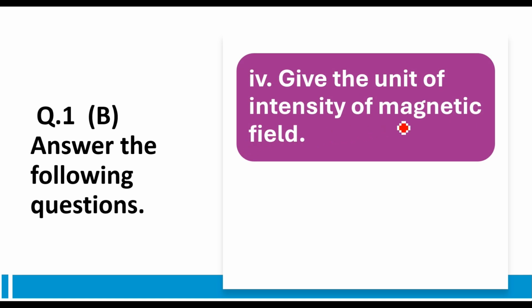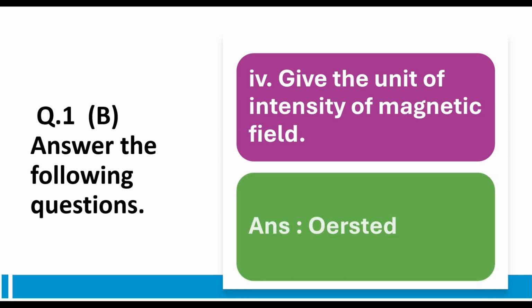Now move to question number 4. Give the unit of intensity of magnetic field. This is a very important question from the effect of electric current. We have all heard about Oersted. Oersted is one of the scientists who introduced the concept that whenever current is passed through a conductor, a magnetic field is produced, and for his well-known work in this research area, the name is given.